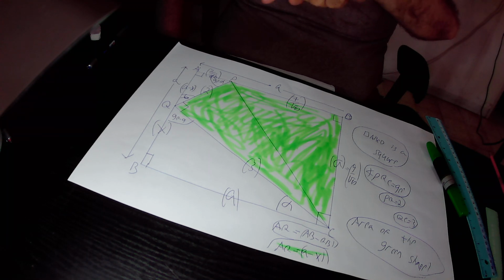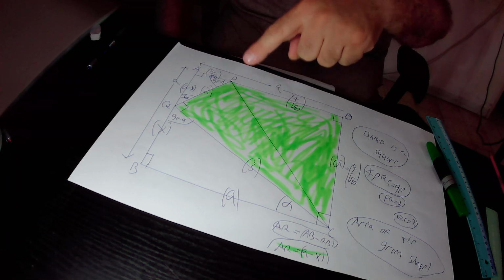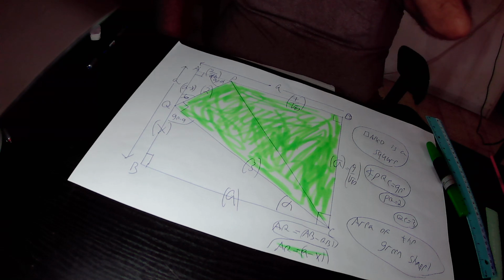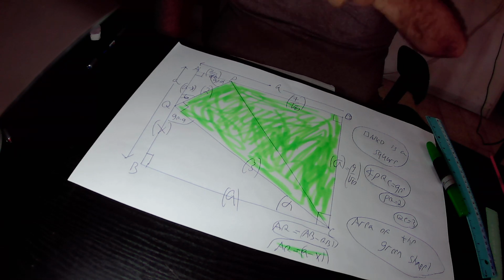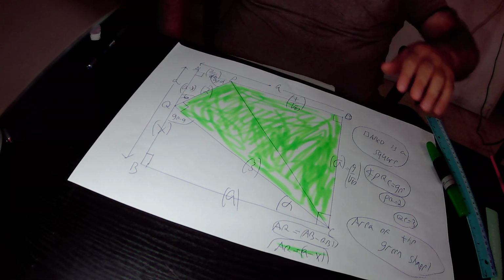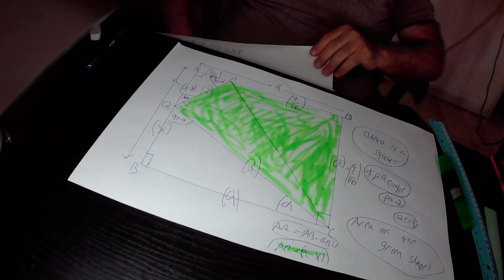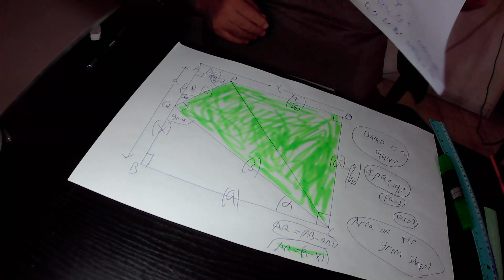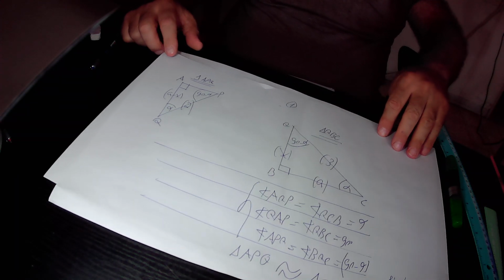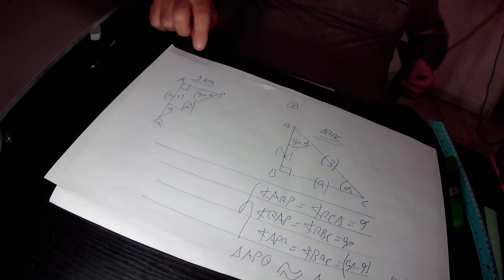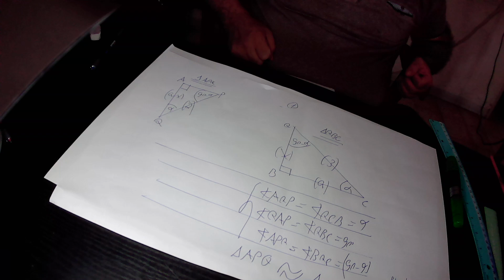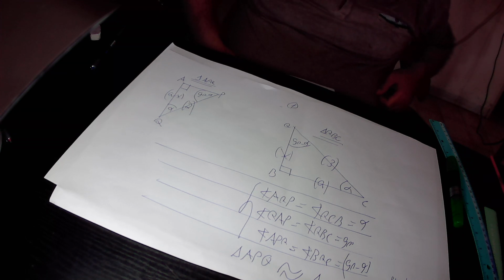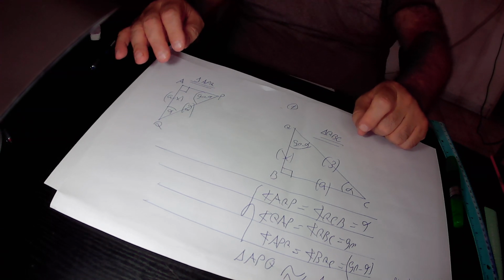In the next step, I copy the right triangle APQ and the right triangle QBC onto a new page, and I prove that those two right triangles are similar to each other according to the angle-side-angle rule. Firstly, those are the two right triangles APQ and QBC from the original drawing. Why are those two right triangles similar?